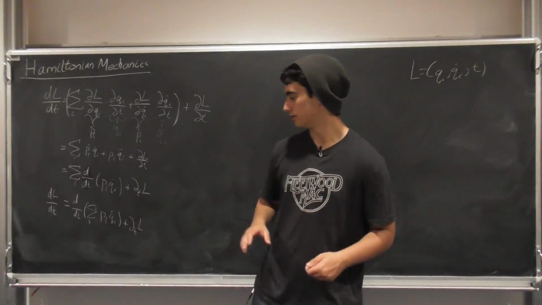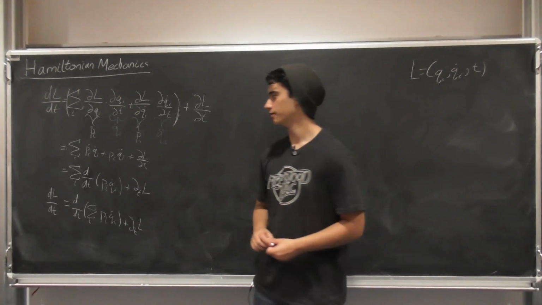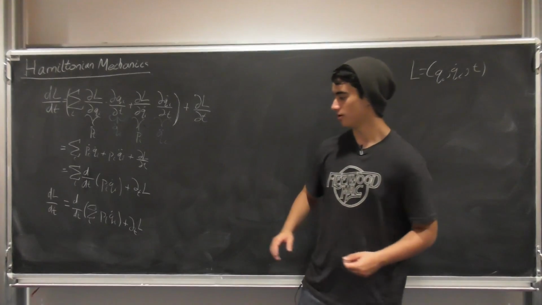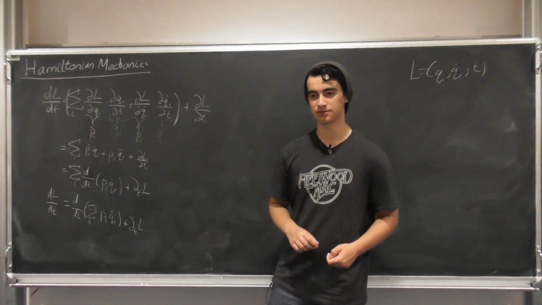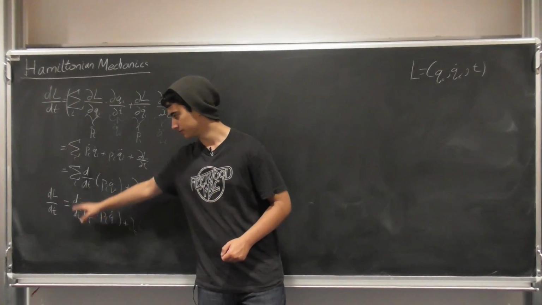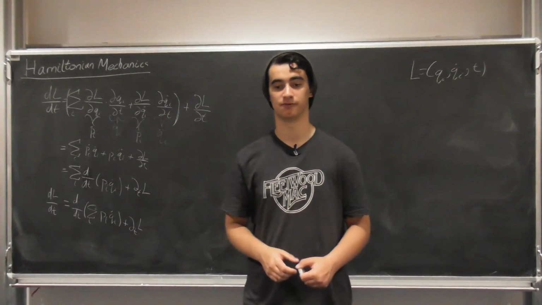Okay, so now that we have this, let's define a new term. But just before we move on, we'll realize that if there's no explicit time dependency in the Lagrangian, this will go to 0, because of the principle of conservation of momentum.